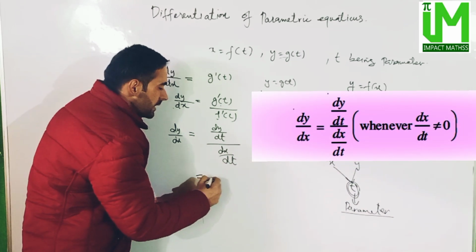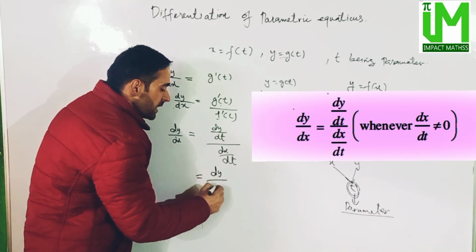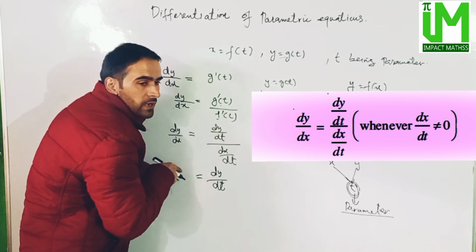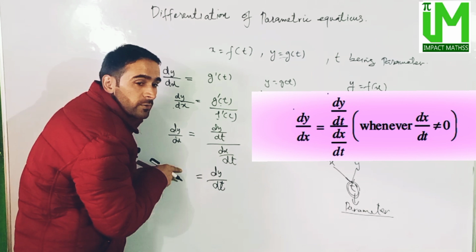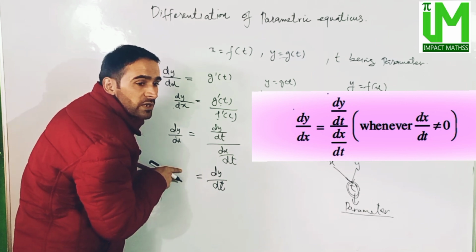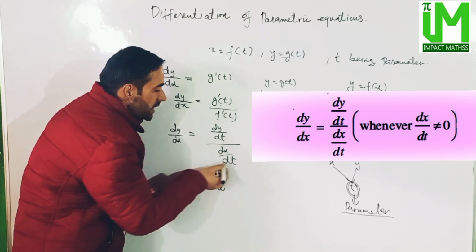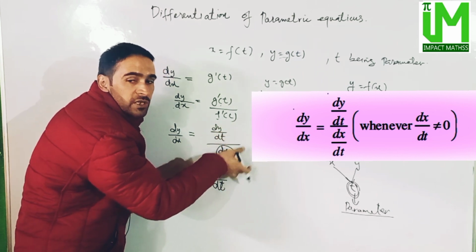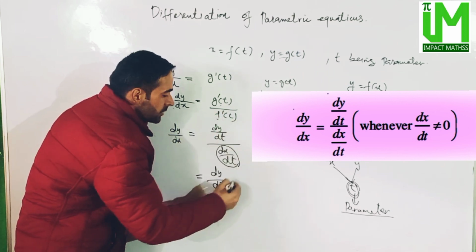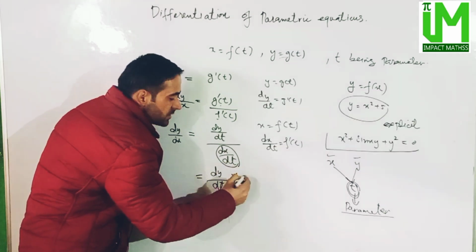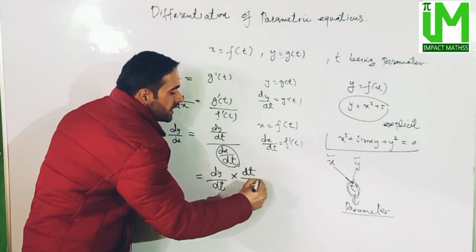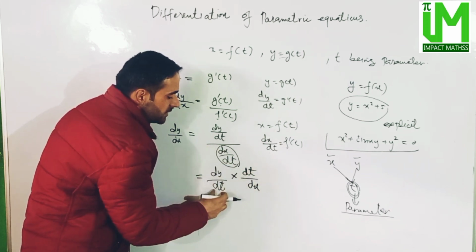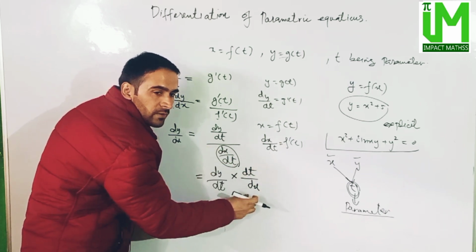As I told you, the notation dy divided by dx is flexible, so you can treat it like a number. Dividing by dx divided by dt is multiplying by its reciprocal, so it will be dy divided by dt into dt divided by dx, and dt and dt cancel out, leaving dy divided by dx.